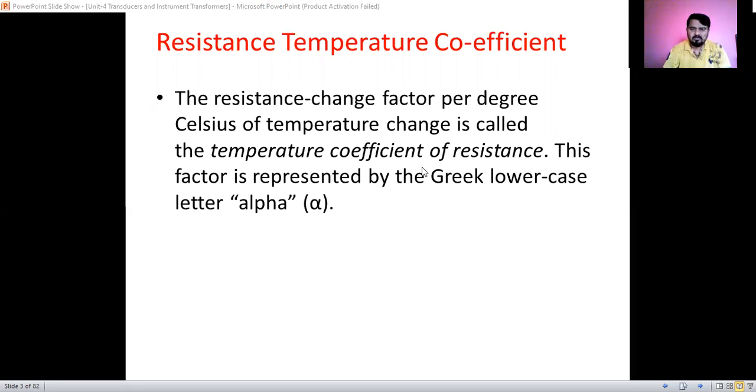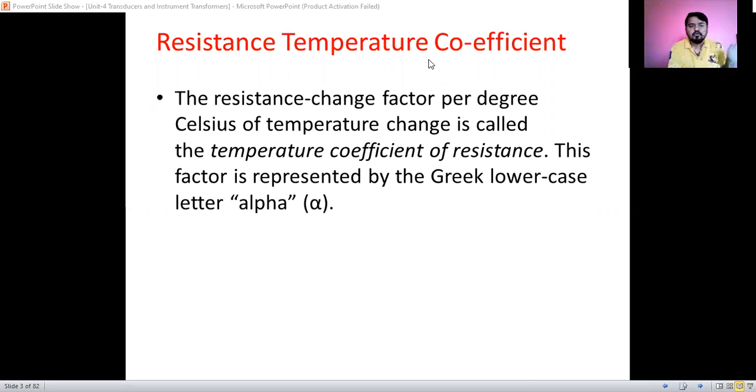So the resistance change factor per degree Celsius of temperature change. Here the resistance changes and the temperature also changes. We are going to measure the change in temperature, right? Yes or no? Yes, sir. From 14 degrees Celsius to 15 degrees Celsius the temperature is changing. Then for 1 degree Celsius change, how much the resistance changes, that we are going to measure here.